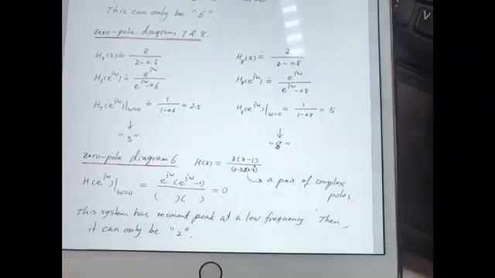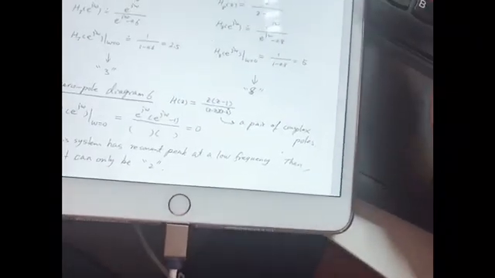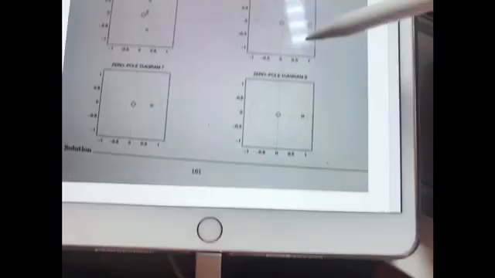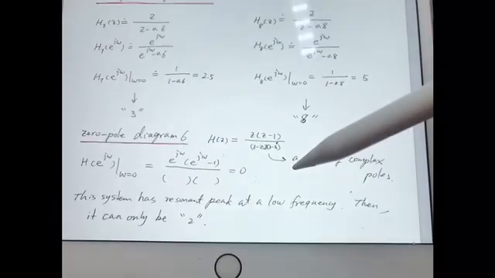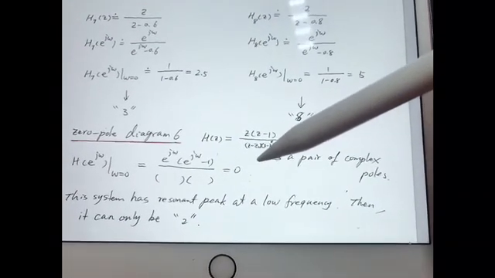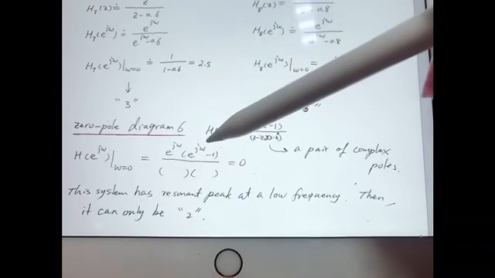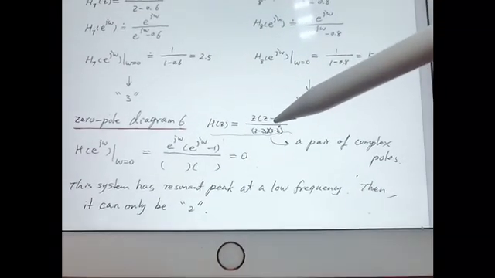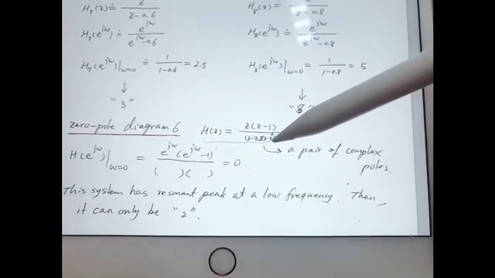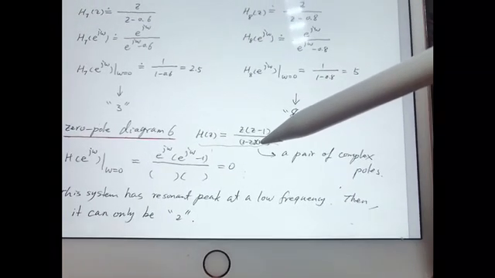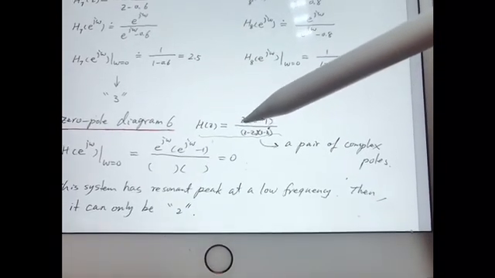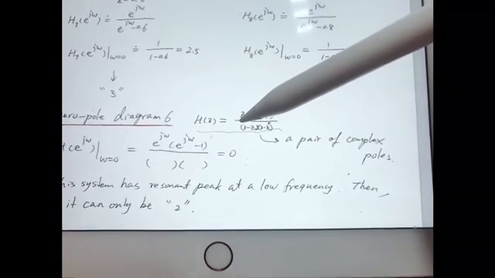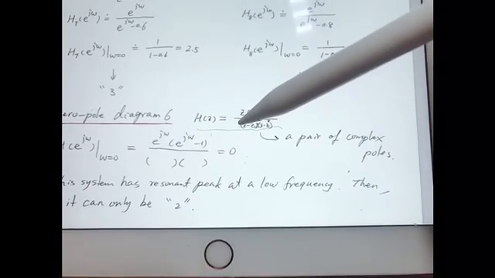We are left with number 6. Number 6, yes. It is also a complex one. So also we can write it into this form. It has a pair of complex poles, but look at the upper side. We can choose ω equals 0, and H(e^{jω}) will equal 0.